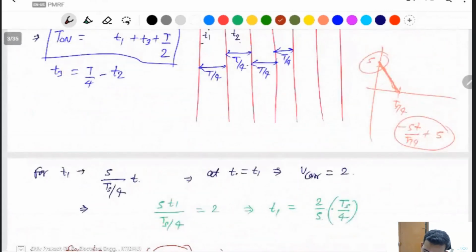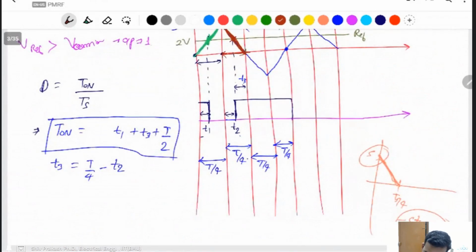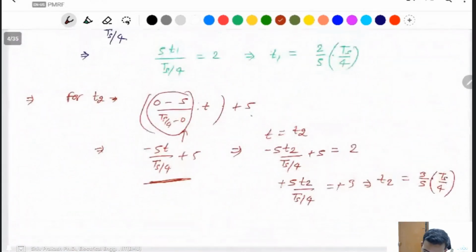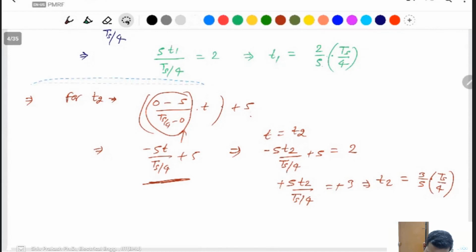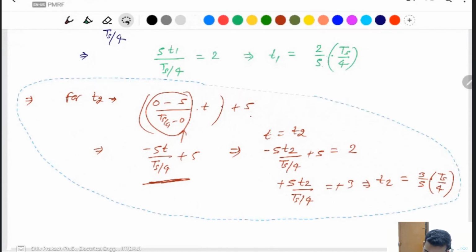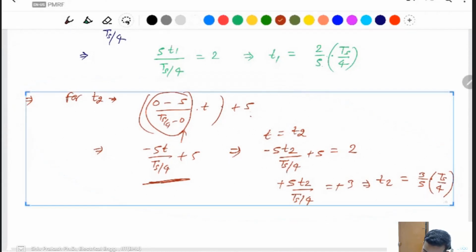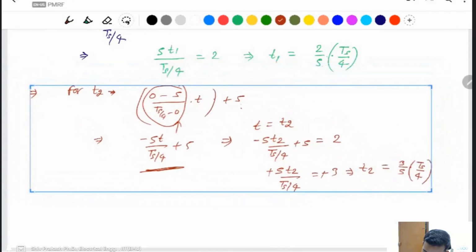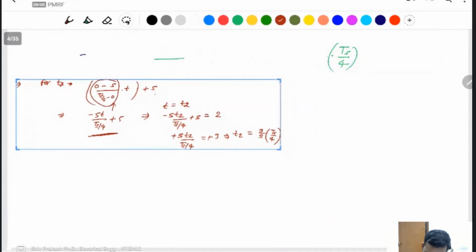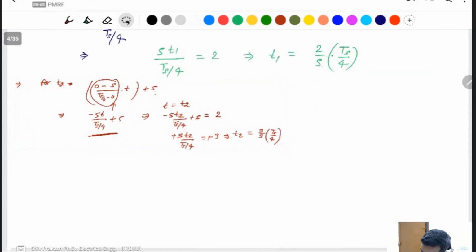Then what is the value of t3? You require the t3 time value. For t3, it is Ts by 4 minus t2.